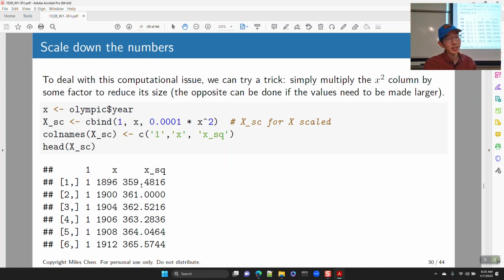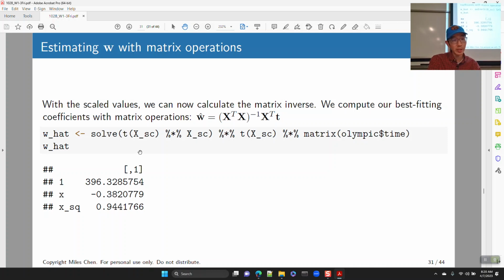And now R is like, oh, these are nice little numbers, I can work with this, and it is able to solve for X transpose X inverse X transpose T. This coefficient is now a weird thing because it's not the year scaled, but 18.96 squared and 19.00 and 19.04 squared, which is a little bit weird, but in this case it works.